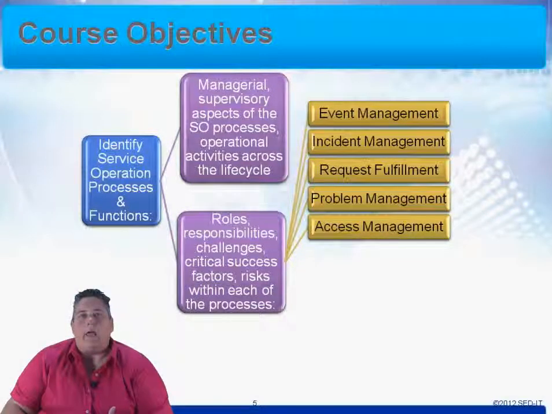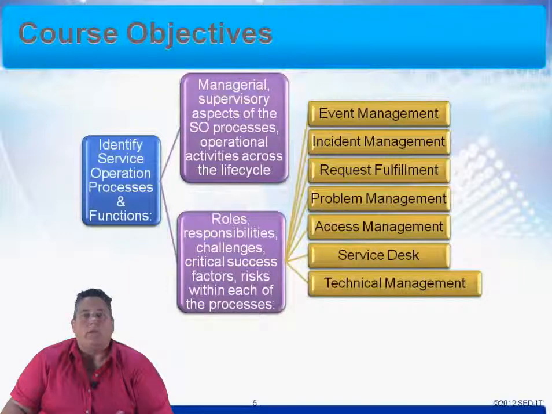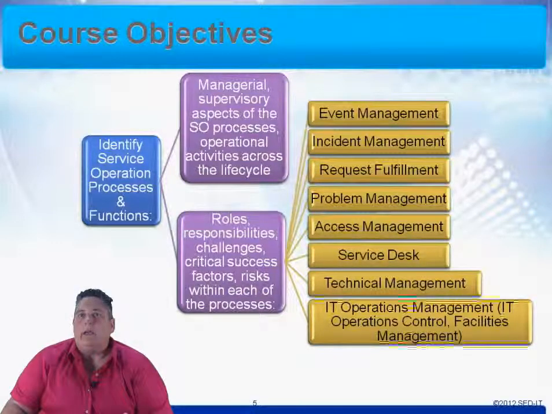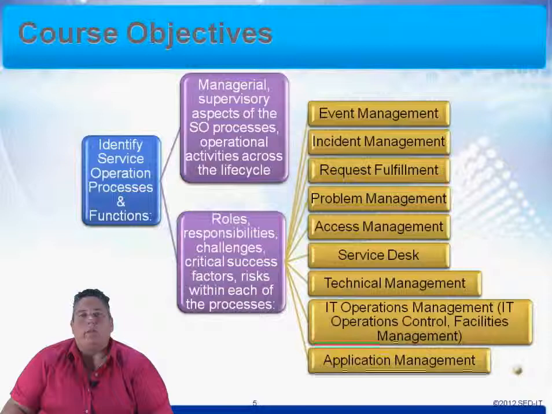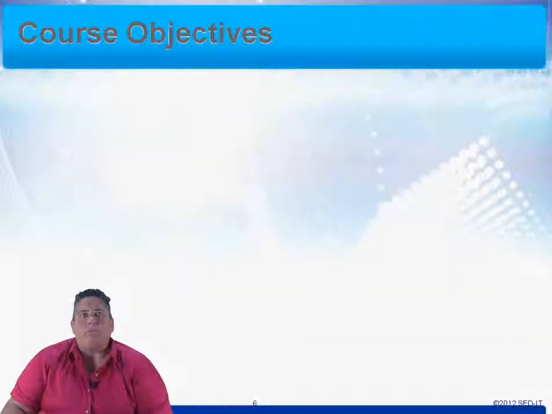And then we also have the set of functions that are so critical to the delivery of services to the business. So we have the service desk, technical management, IT operations management, which has 2 subcomponents, IT operations control and facilities, and then lastly application management.